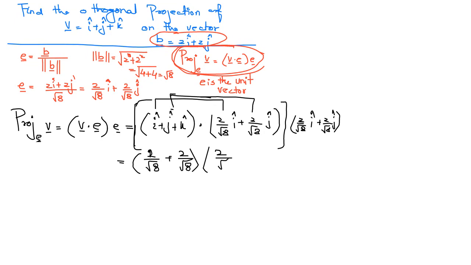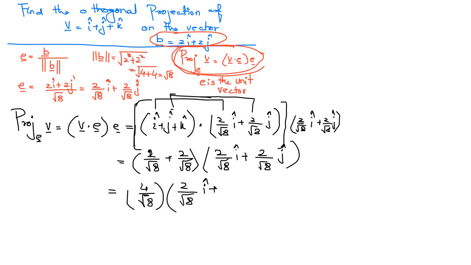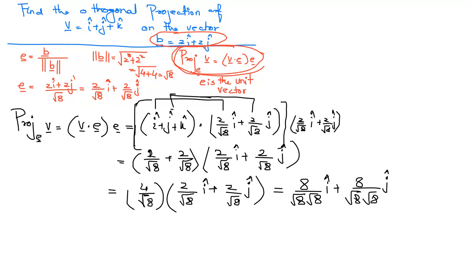Into 2 divided by square root of 8 I plus 2 divided by square root of 8 J. Simplify it and you will get 4 divided by square root of 8 into 2 divided by square root of 8 I plus 2 divided by square root of 8 J. Multiplying, that becomes 8 divided by square root of 8 times square root of 8 I plus 8 divided by square root of 8 times square root of 8 J. If you simplify more, you get 8 divided by 8 I plus 8 divided by 8 J, which is equal to I plus J.